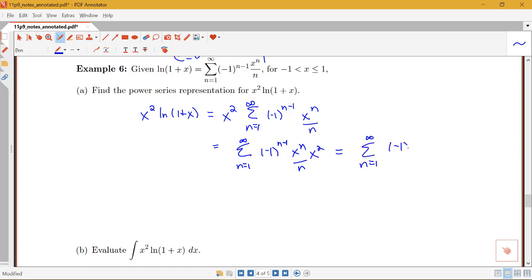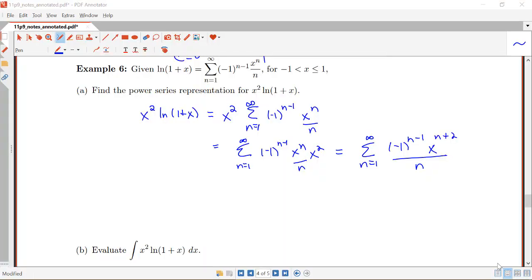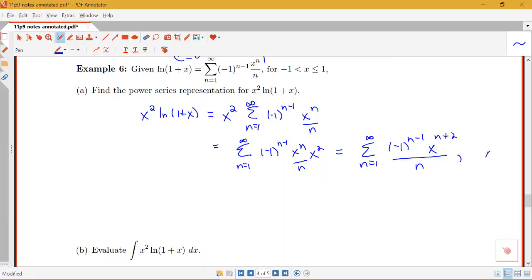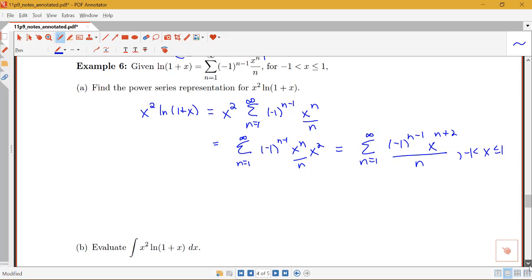Okay, which means I have this sum, negative 1 to the n minus 1, x to the n plus 2, all over n, where this is again for x between negative 1 and 1. Okay, so now we have a power series representation for x squared log of 1 plus x.